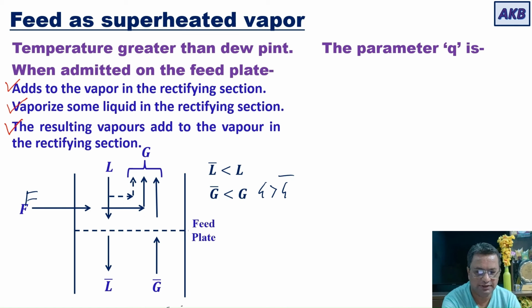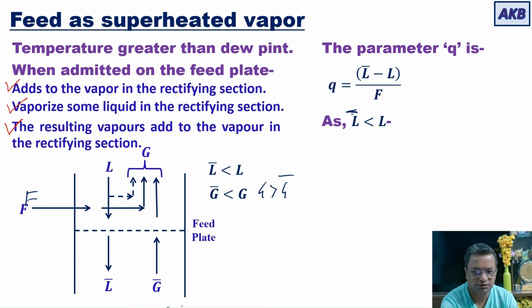Now let us know what will be the value for the parameter Q. Again, we will use this definition. Q is L bar minus L upon F. Now in this case, L bar is less than L. Why it is so? I have just told you. And that's why L bar minus L will be less than 0.